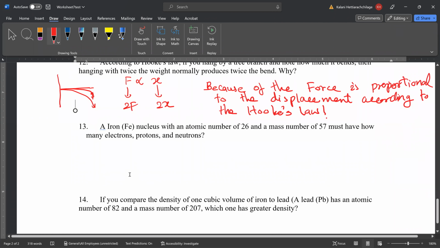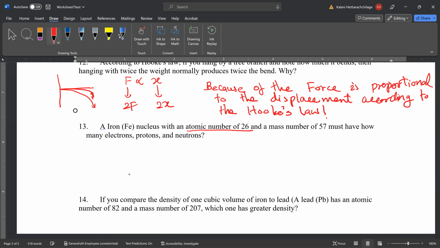Okay, so number 13 and number 14. Number 13: an iron nucleus with the atomic number 26 and the mass number 57 must have how many electrons, neutrons and protons. Iron is the element, so the atomic number is given.